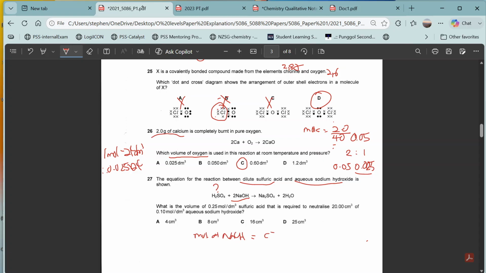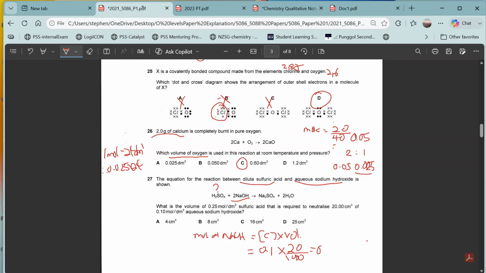So we need to find the moles of sodium hydroxide. Okay, you use this formula because it's not solid, it's not gas. So concentration is 0.1. What's the volume? You need 20 divided by 1000 because you need to change everything into dm cube.